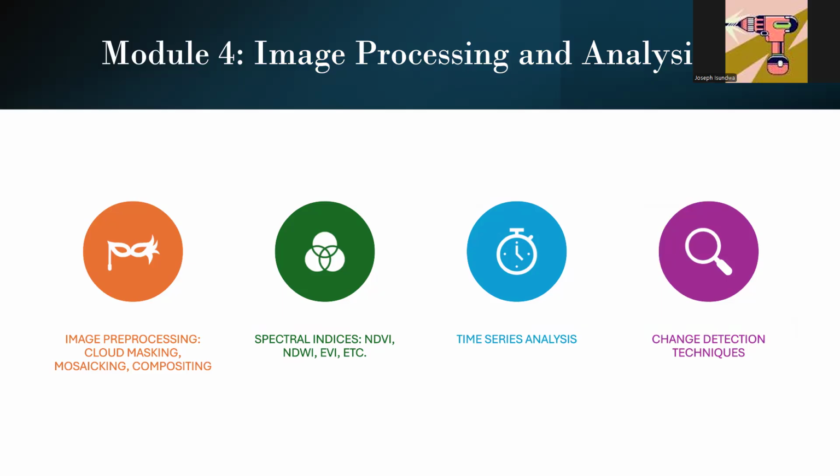Then we will move to spectral indices. That can be maybe NDVI, NDWI, EVI, SPI, depending on what we are going to choose, what we are going to analyze, either water. You can do a turbidity test for water, or maybe we do it in areas of vegetation, among other areas.